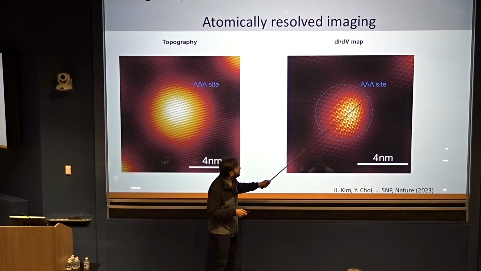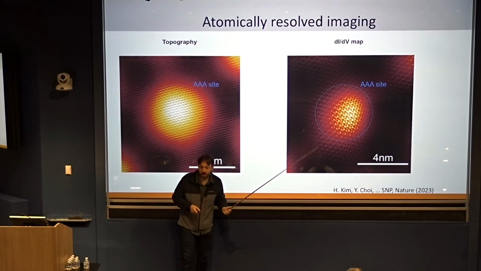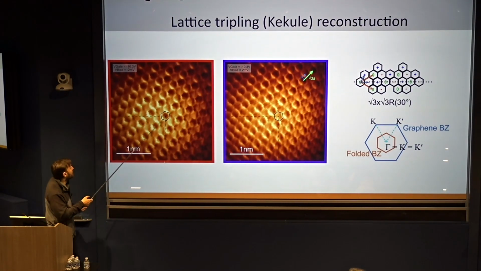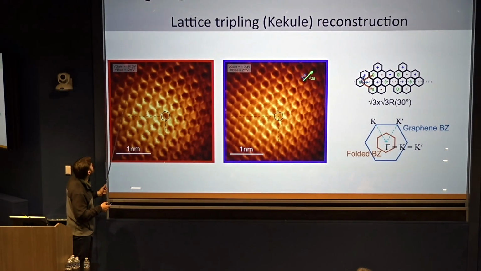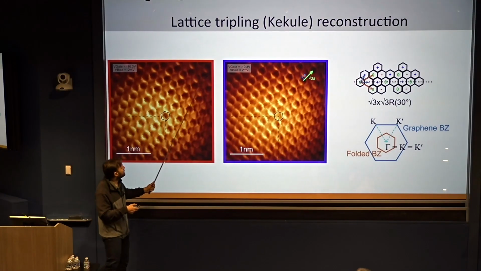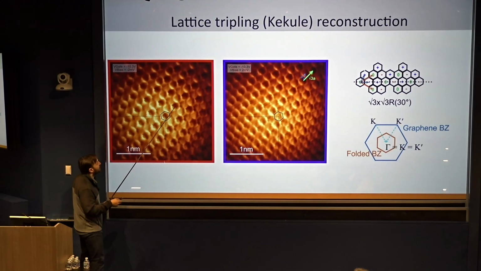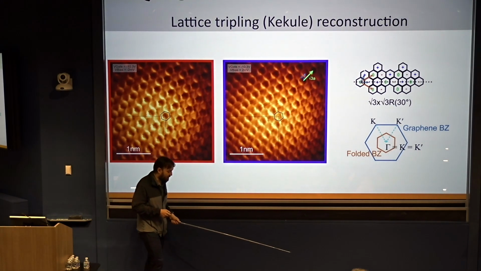But on top of the atomic structure, you can see a pattern emerging in this density of states. And this is a clearer image where you can see this particular pattern also changes as you change the bias. So this is slightly negative bias, slightly below the Fermi energy, slightly above the Fermi energy. You can see the bright and the dark spots invert the contrast.